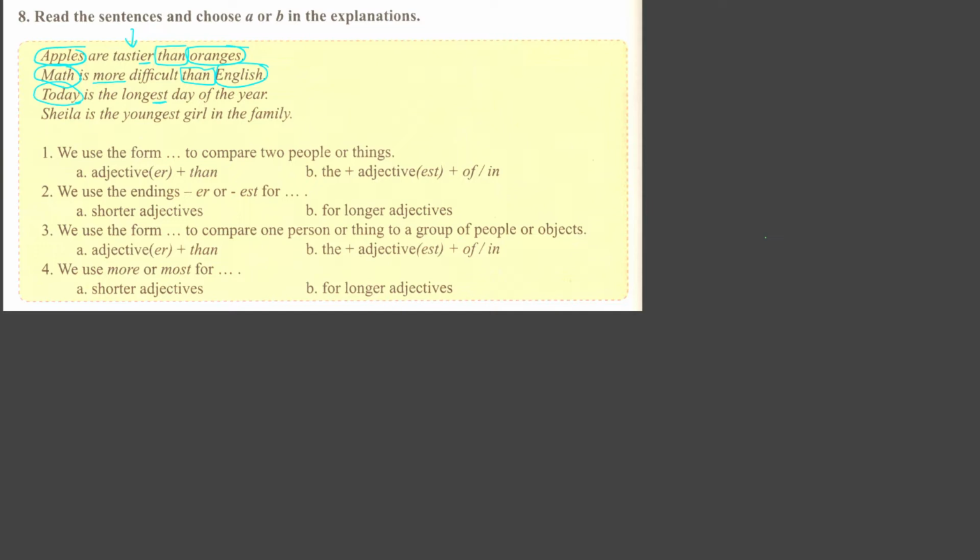Next, Sheila is the youngest girl in the family. So we have Sheila as the subject, and then the adjective young with est. So these two are superlative sentences. Okay, so now you can pause the video and try to do the questions 1 through 4 on your own.